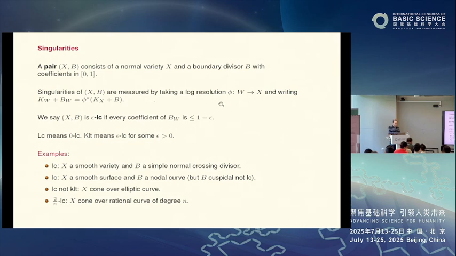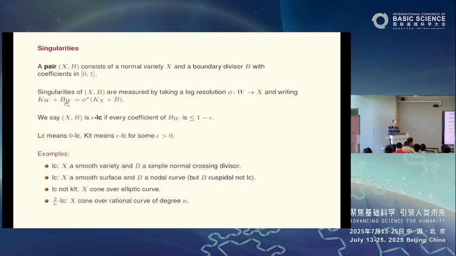Once you do the resolution, then you pull back the canonical divisor together with the boundary divisor, and then you can write it down. So let's say the resolution is W to X. I can write this down as K_W plus a correction term, B_W. And then the singularities are defined by looking at the coefficients of this B_W.